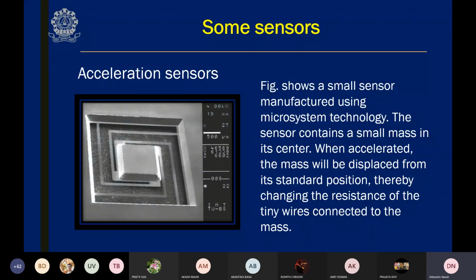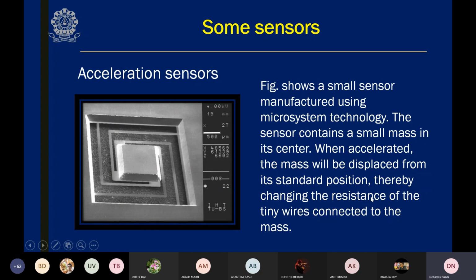This figure shows a small sensor manufactured using microsystem technology. The sensor contains a small mass in the center here. When the system is accelerated, the mass will be displaced from its standard position, and one wire is connected with this mass.